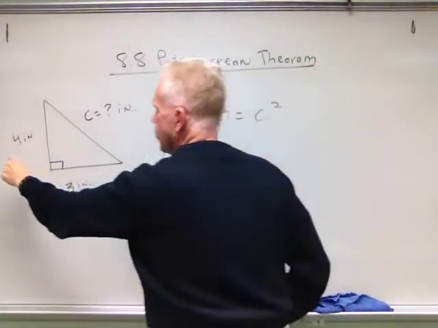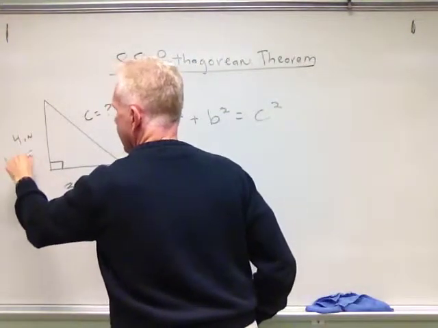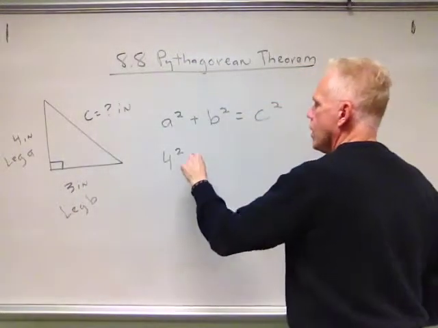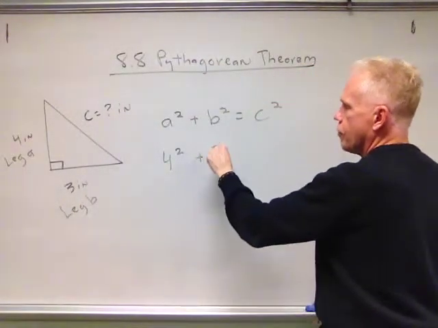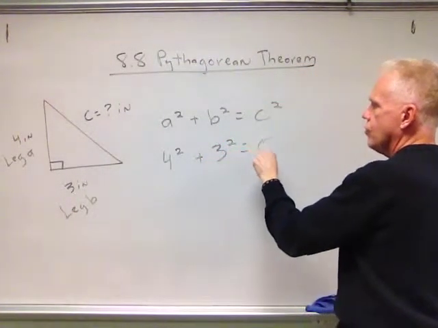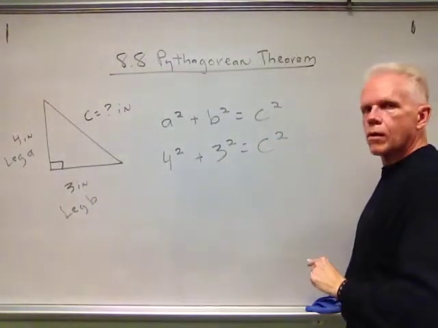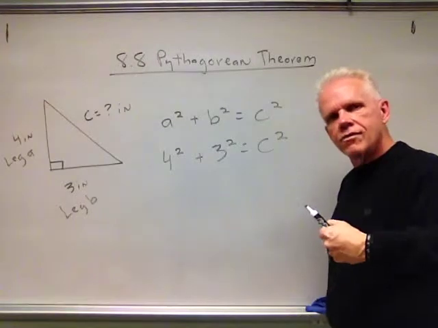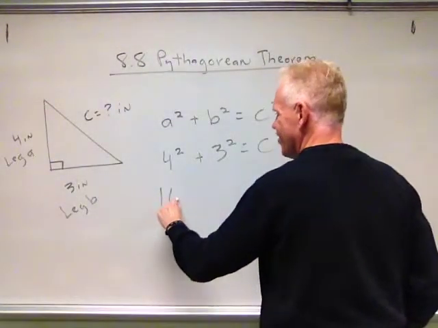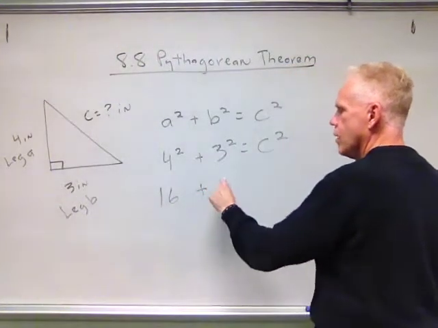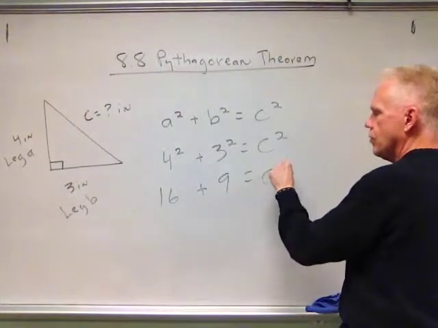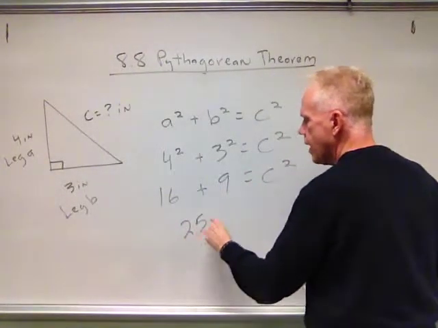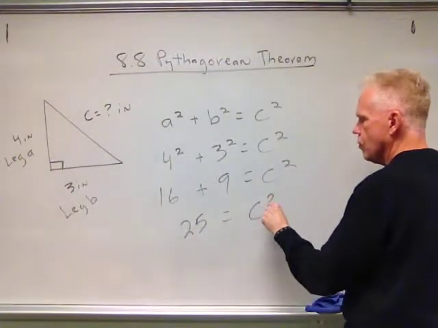This is leg A. This will be leg B. 4 squared plus 3 squared equals c squared. All right, so far so good. What's 4 squared? You got it, 16. Yes, 16 plus 3 squared, of course, is 9, equals c squared. 16 plus 9 now is 25, equals c squared.